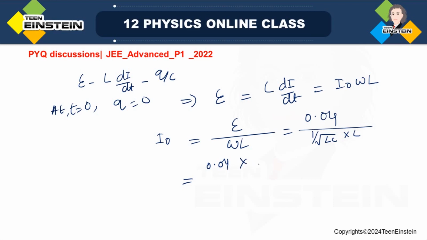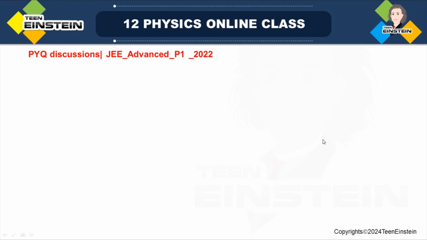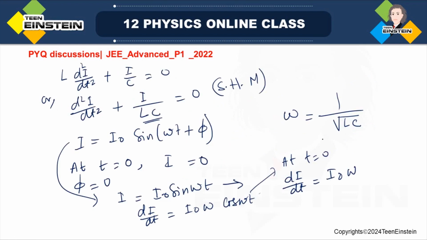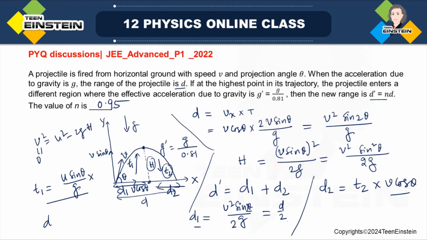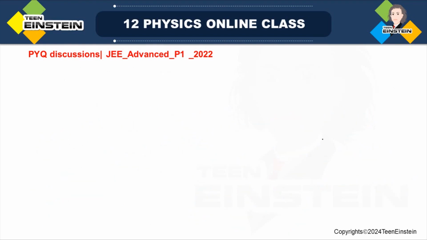See, LC will be written here. L is given as 10 to the power minus 1 into capacitor. This capacitance has got value 10 to the power minus 3 farad. Okay, this will be in the denominator, I'm sorry.